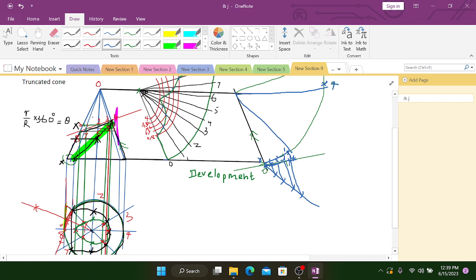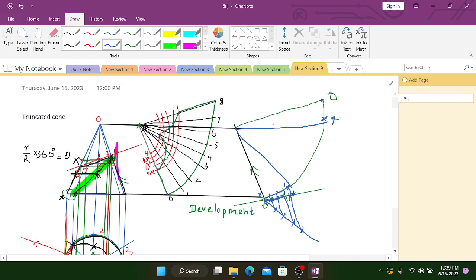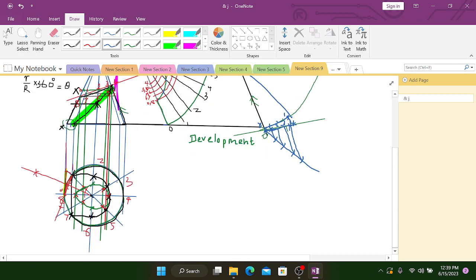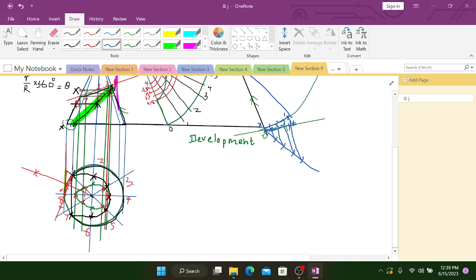So we have to do the same thing what I did here to this object, and draw some arcs, and mark the values which I mentioned here.